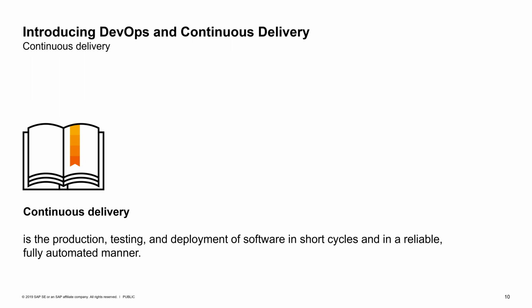Of course, you can push software to production easily from your local machine. But the issue there is that this is an environment that has many problems, where you have knowledge silos where only one person is able to do this deployment.